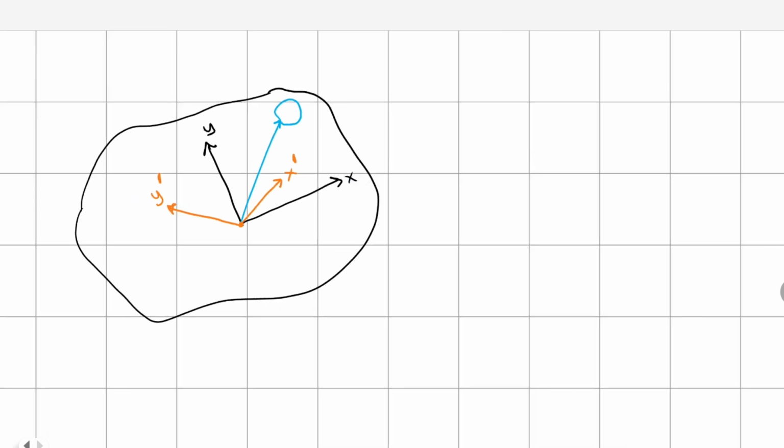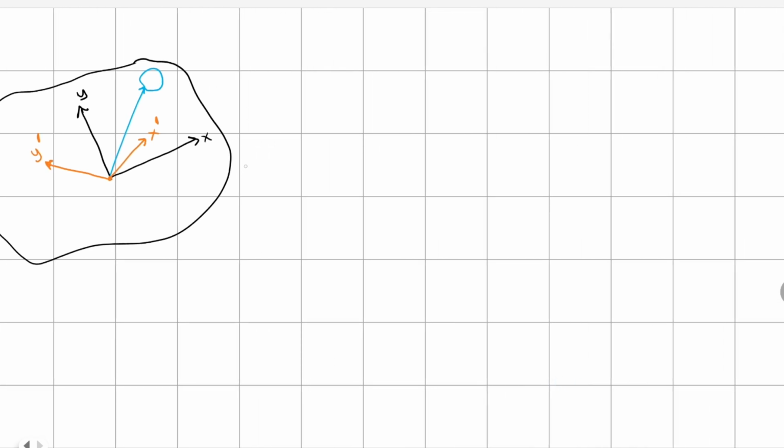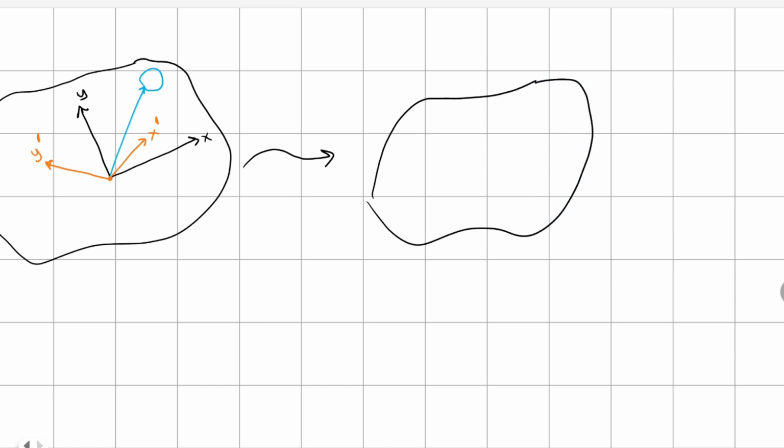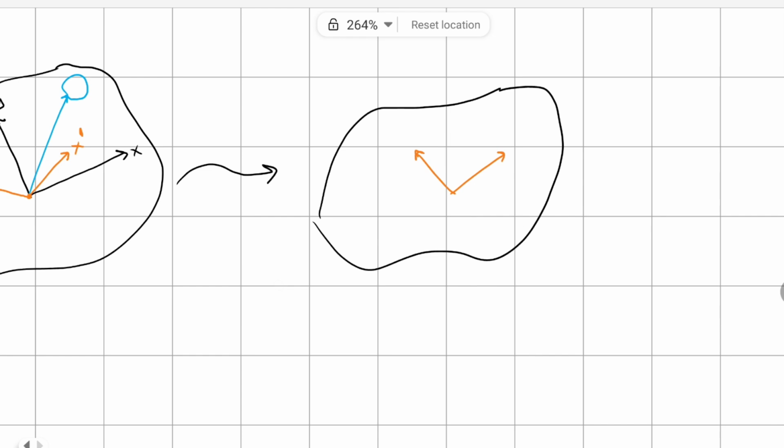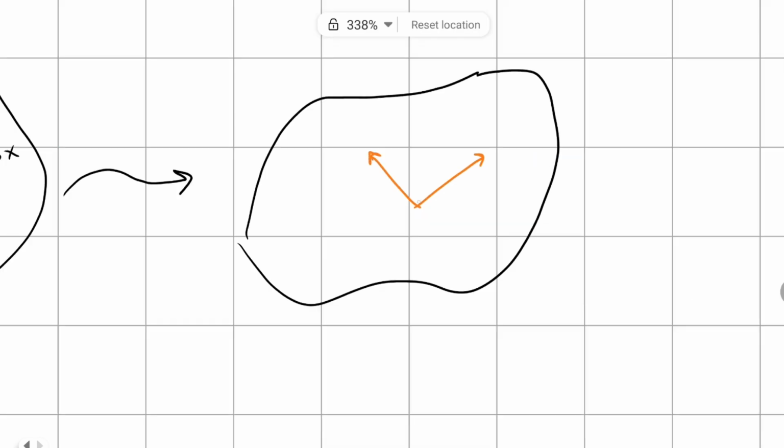During the motion of the rigid body, this coordinate system will stay with the rigid body. That is what it means to be fixed. So the components of the vector that locates that point are going to be constant, because the coordinate system is moving with the rigid body.